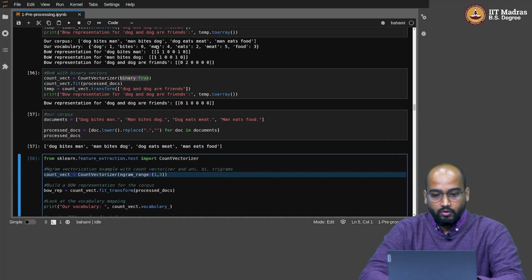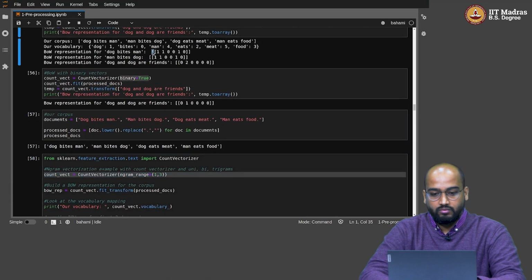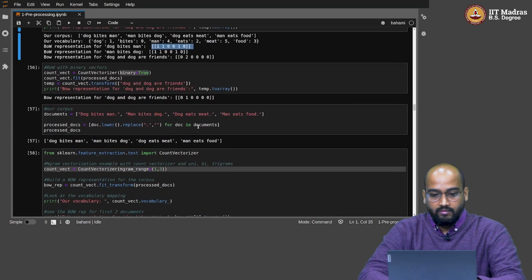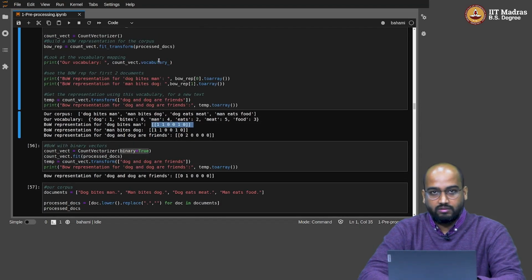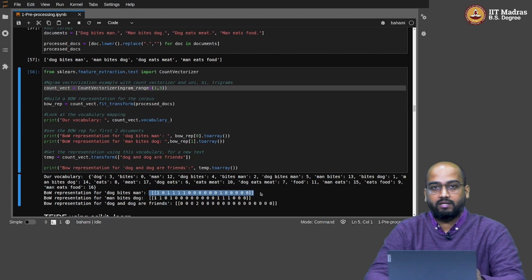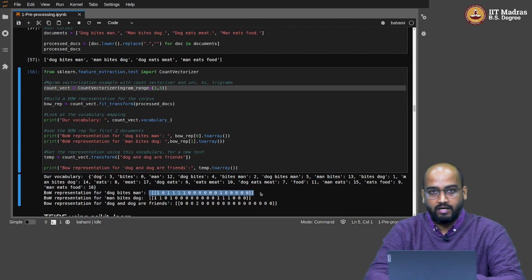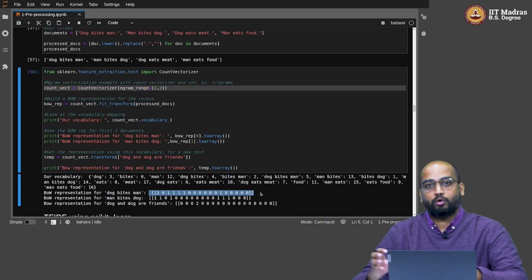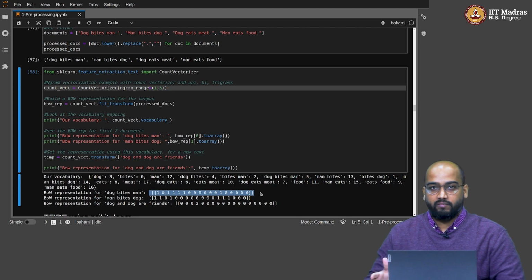But I want to also bring your focus to the size of this vector, right? You have a vector of this size when you were just looking at tokens, just unigrams. But as soon as you went to bigrams and trigrams, you can see that the dimension of your vector increased, right? Which is logical. If you are looking at bigrams and trigrams, there will be many more combinations, and for each of those combinations, you would have to allocate space in your vector, right?